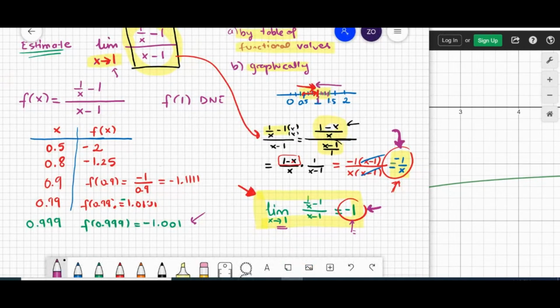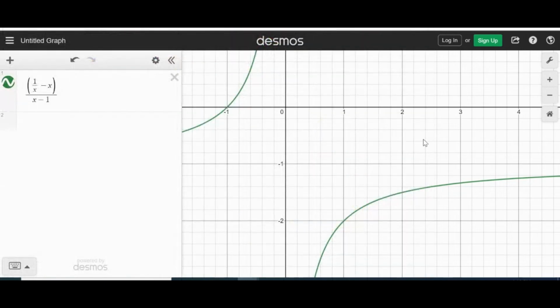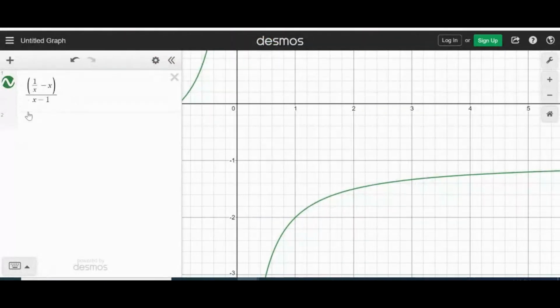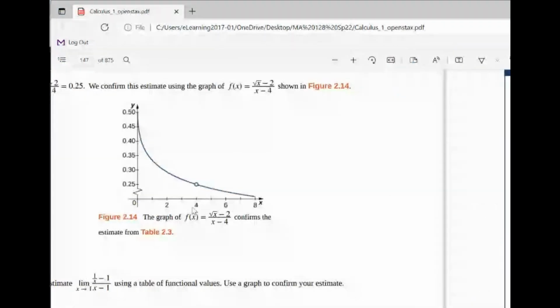What I wanted to show first is that Desmos, at least this graphing calculator, doesn't tell us that this function is not defined at 1. When you draw a graph, if there's some number that makes the denominator 0, you should put an open circle like the one in the picture.